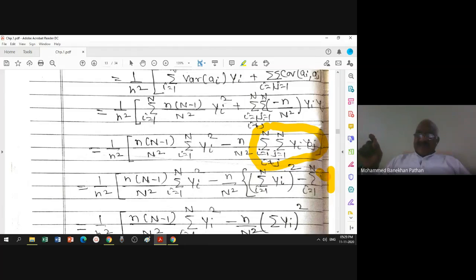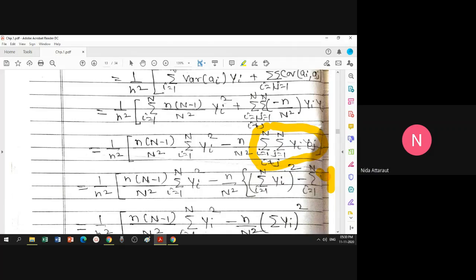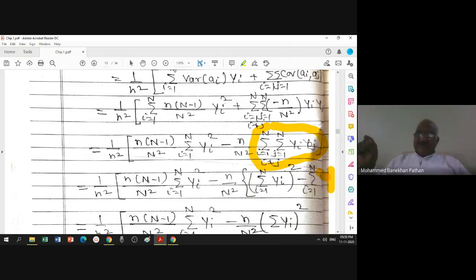Right. (x1 + x2) whole square equals, what is the expansion of this? x1 square plus x2 square plus 2 x1 x2. Good.